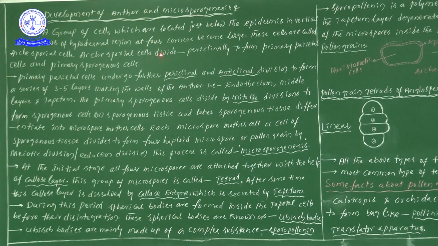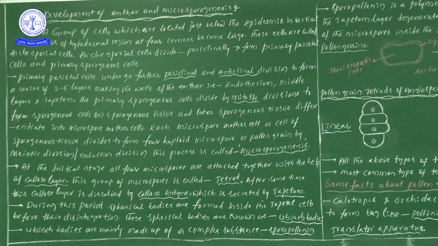Now these archisporial cells divide periclinally to form primary parietal cells and primary sporogenous cells. So from the archisporial cells, 2 types of cells are formed: the first is primary parietal cells and the second is primary sporogenous cells.